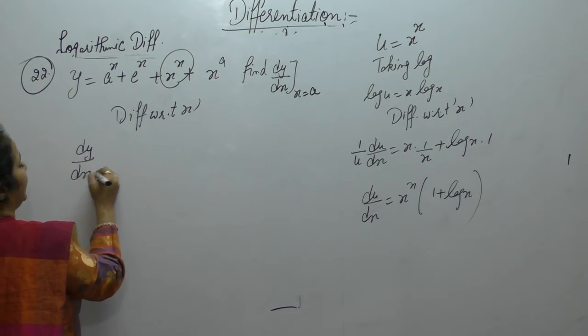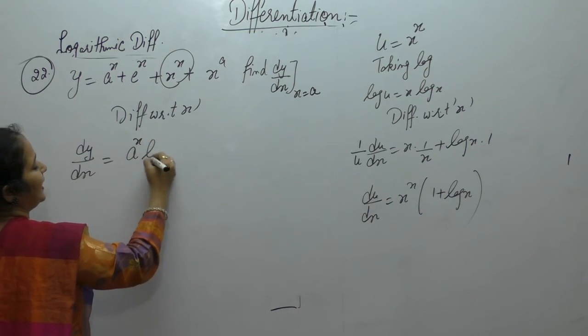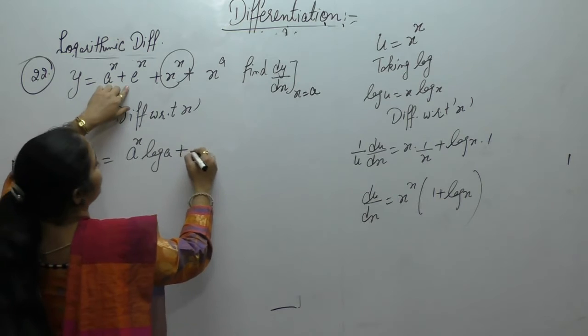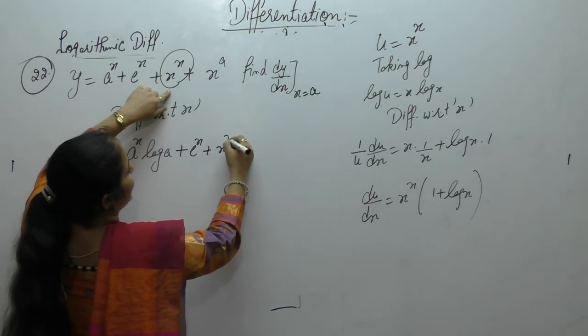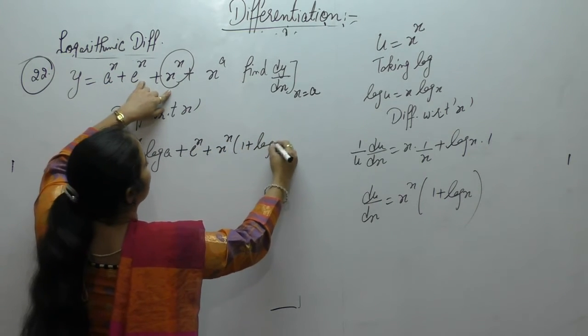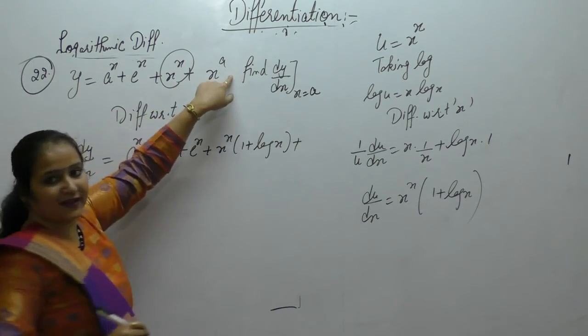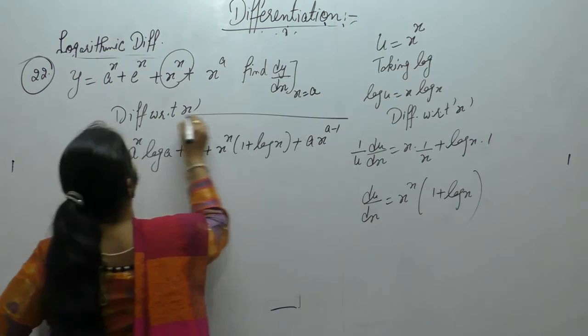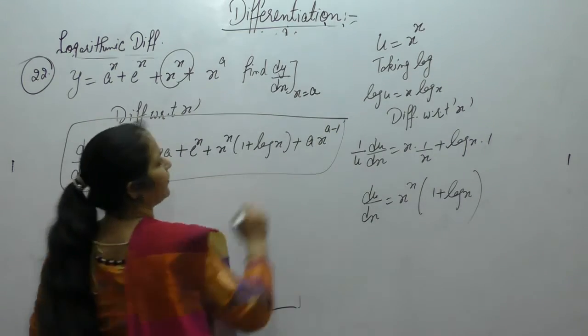Derivative of a power x is a power x log of a, derivative of e power x, इसका हमने सॉल्व कर लिया, x power x 1 plus log of x, x power a is a x power a minus 1. So this is the dy upon dx.